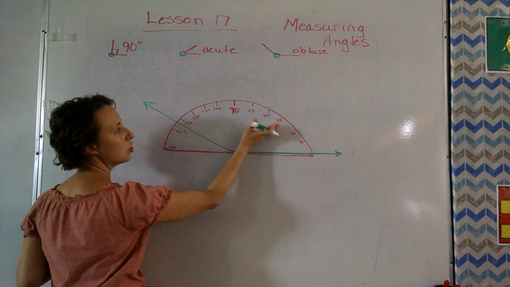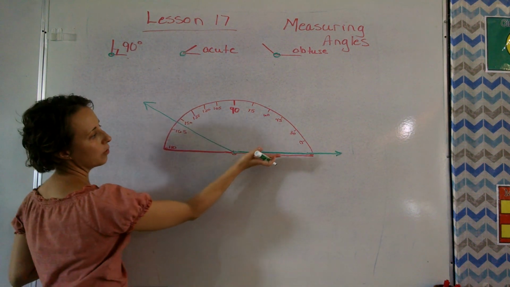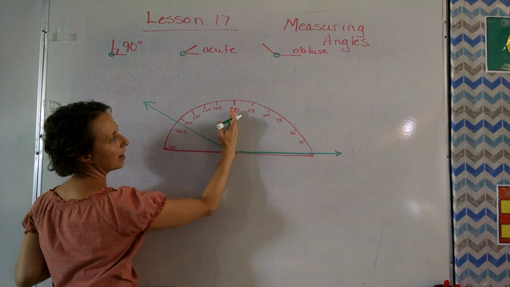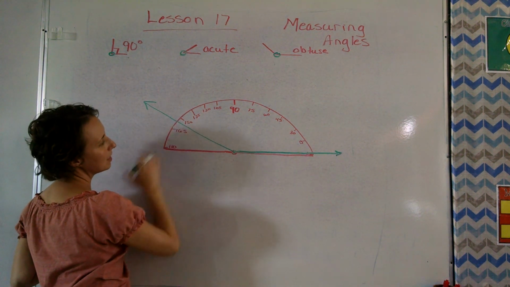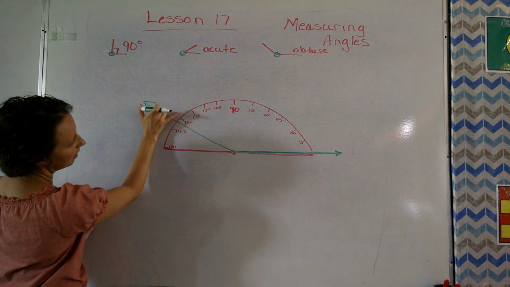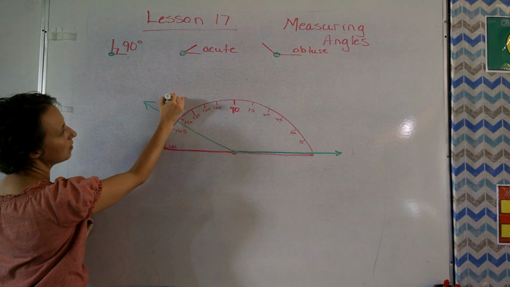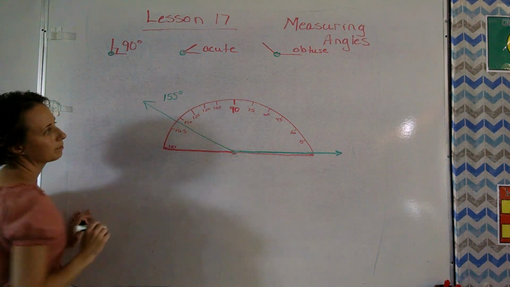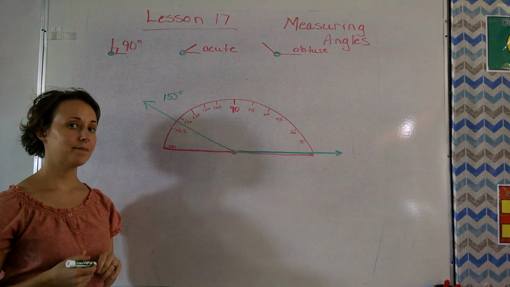Now I have an obtuse angle. It's greater than 90. Let's see what it would be. It's greater than 90, greater than 105, greater than 150, but less than 165. Let's see, based on this, I would guess it's at about maybe 155 degrees. And this is how you measure an angle.